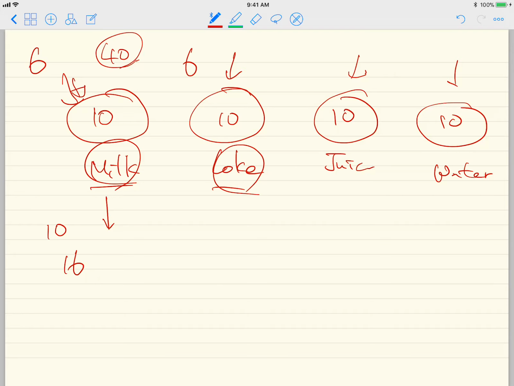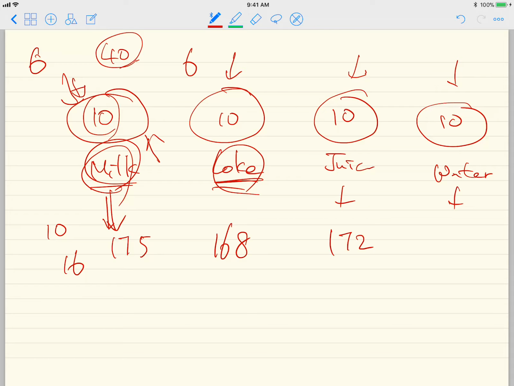Suppose the average height after taking the milk for 10 years, the sample mean in this group, was 175, in the case of Coke 168, juice maybe 172, and water, maybe 176. Of course, these numbers will be different.